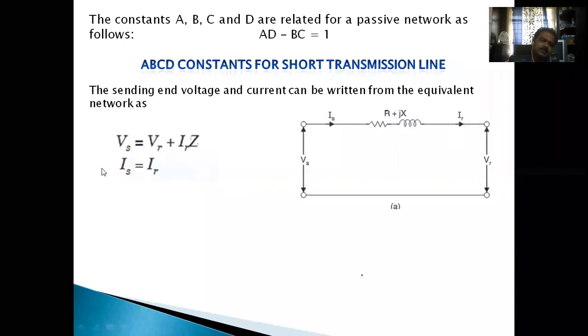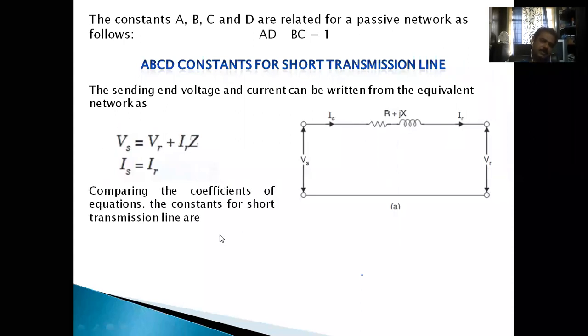If we compare these two equations with the standard equations, that is Vs is equal to A into VR plus B into IR, and similarly Is is equal to C into VR plus D into IR, you will get A is equal to 1, B is equal to Z, C is equal to 0, and D is equal to 1.